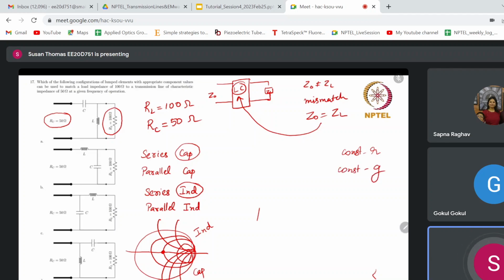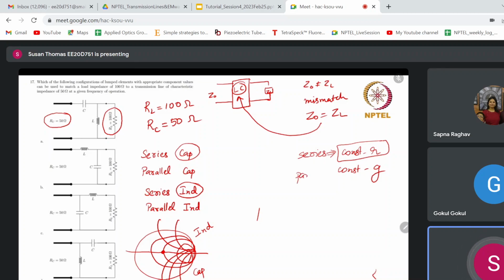If you remember, R is resistance and G is conductance. So if you connect a series element, either inductor or capacitor, you are moving along the constant R circle. Okay. Series means you are moving along the constant R circle.